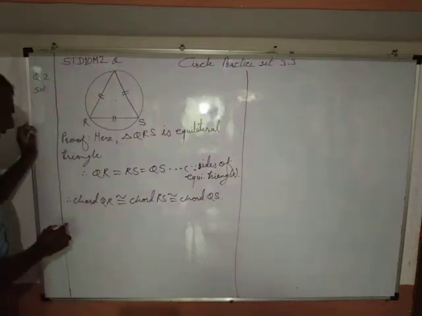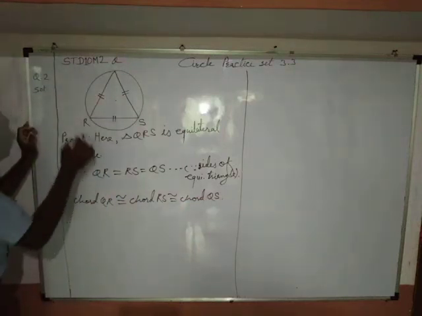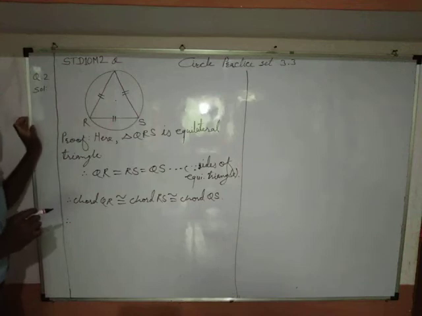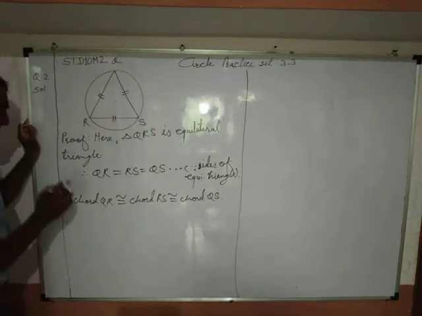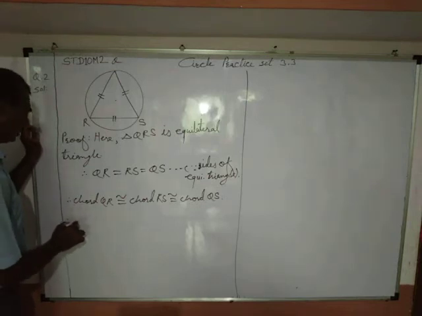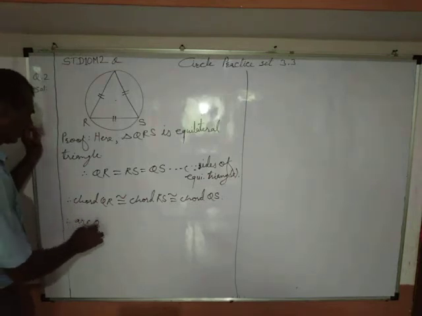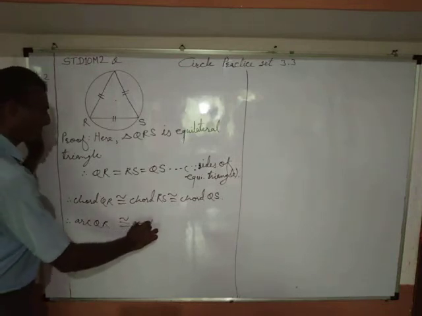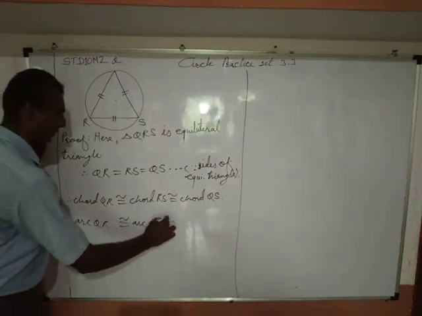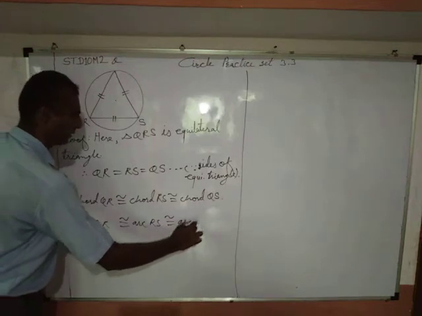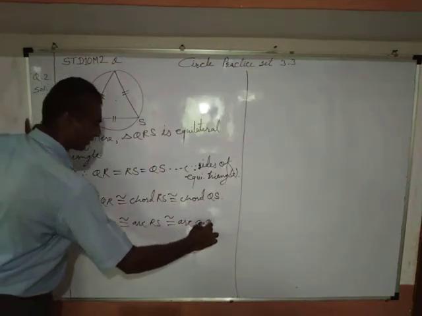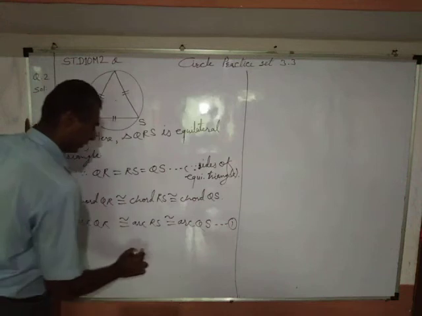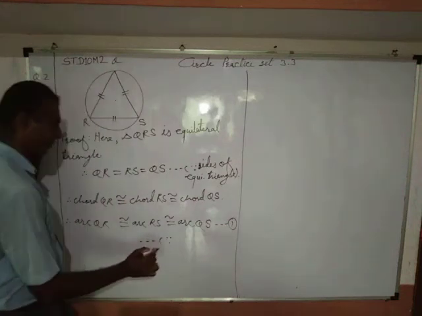Okay, and therefore arcs corresponding to congruent chords of a circle are congruent. That's why therefore arc QR congruent arc RS congruent arc QS. Equation first.